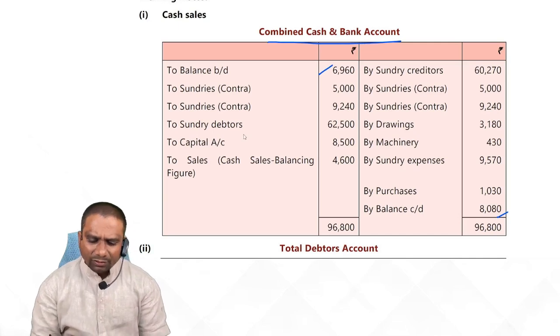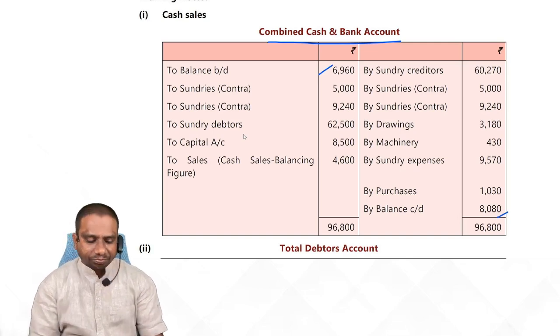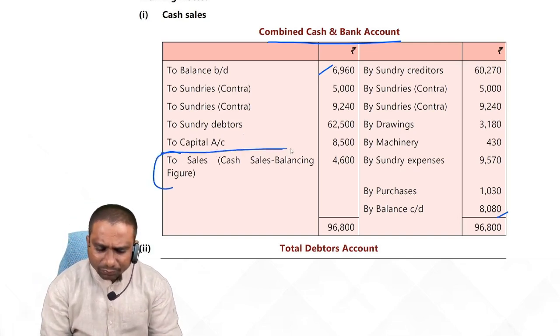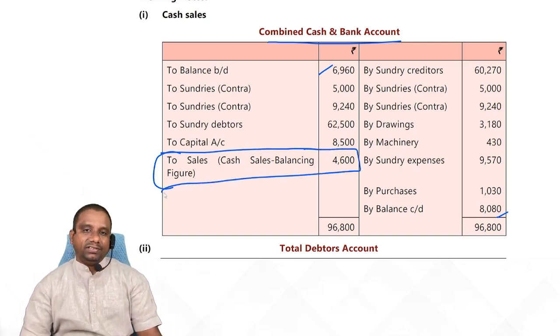Finally, the balancing figure. The balancing figure in cash and bank account we try to understand here. Here the balance of cash and bank account is nothing but they treat it as cash sales. Cash sales is the balancing figure.